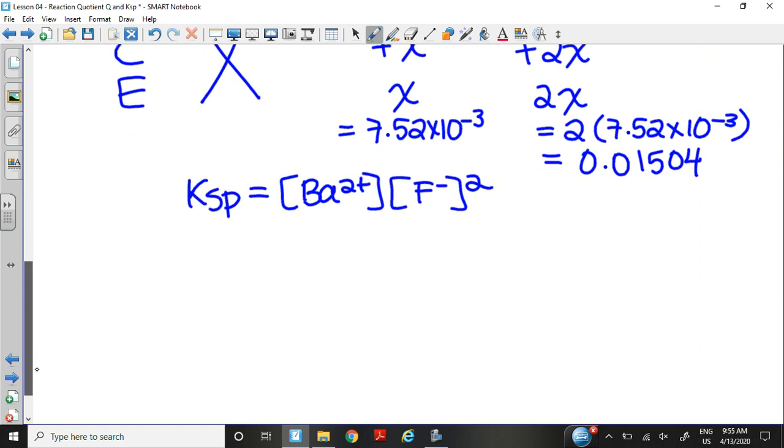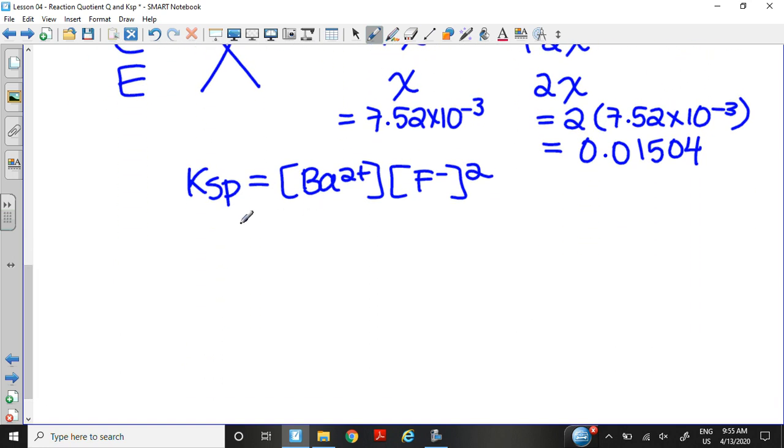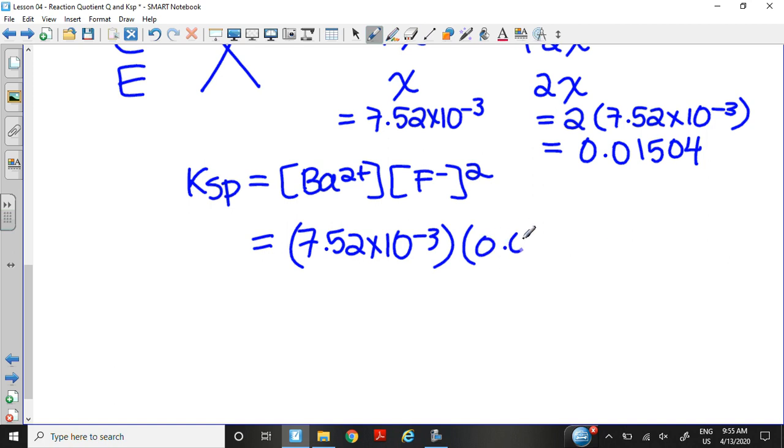Okay, so now we've got our concentrations at equilibrium in the right proportions, and now we can go ahead and solve for KSP. So if you want to try it, you can pause the video and plug in the values and see what you get for your KSP. So now if we do a check together, we're going to put in all of our numbers.